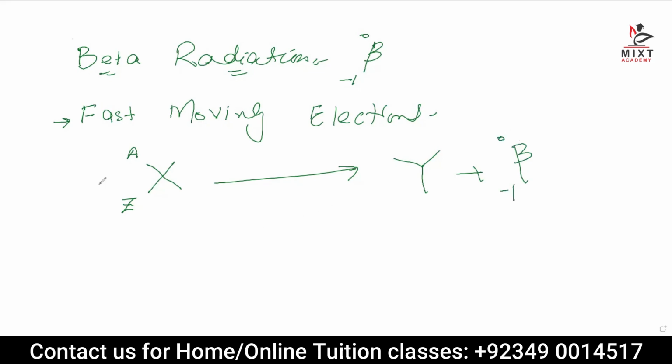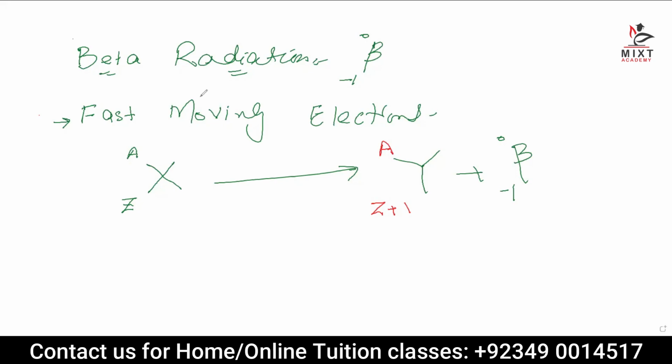Student, one thing please keep in mind: by the emission of one beta particle, the proton number is increased by 1 and there is no change in nucleon number. It can be seen that Z equals Z plus 1 minus 1, so proton number remains conserved in this decay. Nucleon number remains conserved, right?